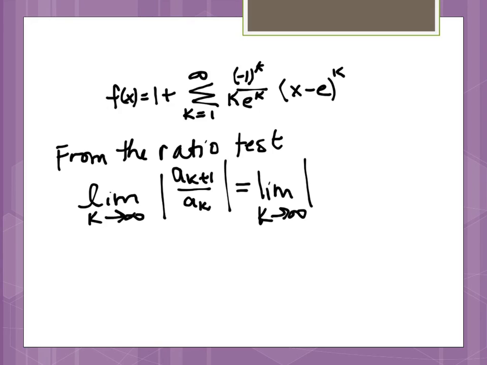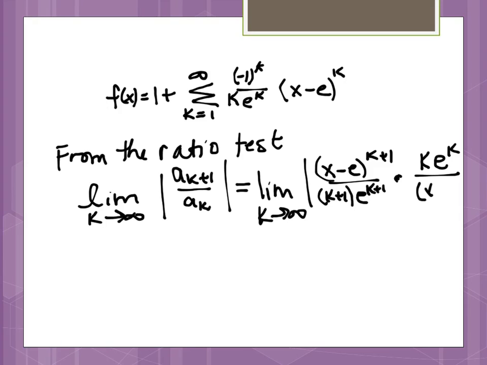Well, we talked about we don't need to write the negative ones because that's going to reduce because of the absolute value. But I do have the x minus e to the k plus 1 over k plus 1 times e to the k plus 1. And this will be times k e to the k over x minus e to the k.